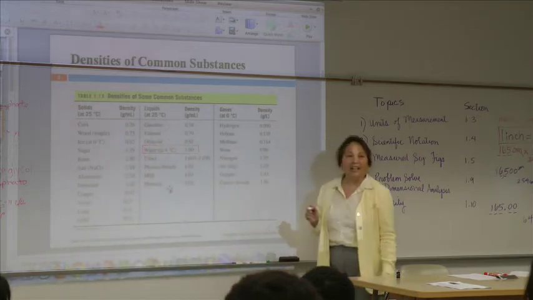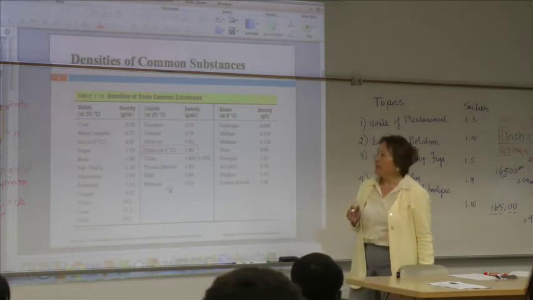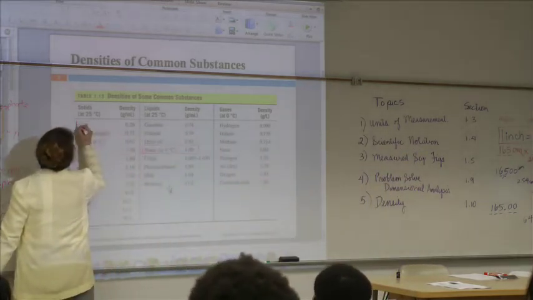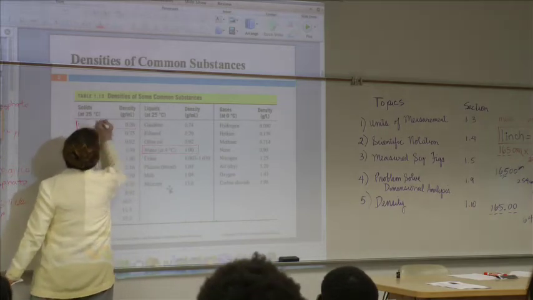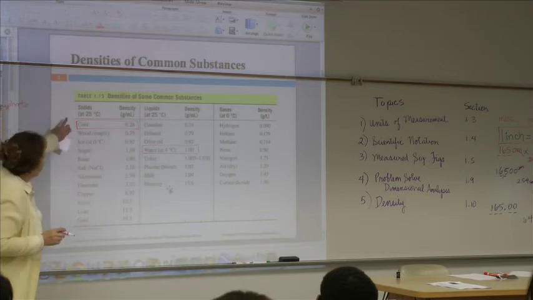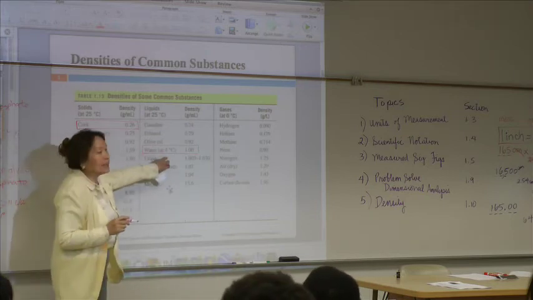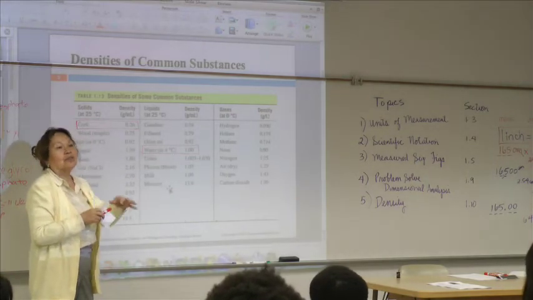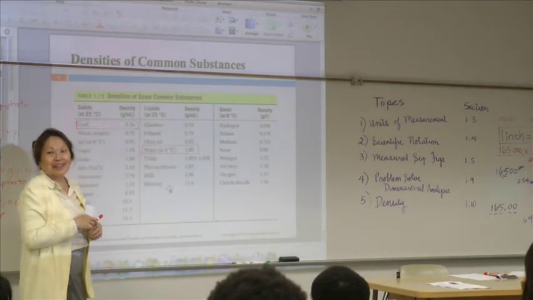Water has a density of 1. But look at a cork. A cork has a density of 0.26. So all of those that have densities below 1 will float or sink? Float. Cool, huh?